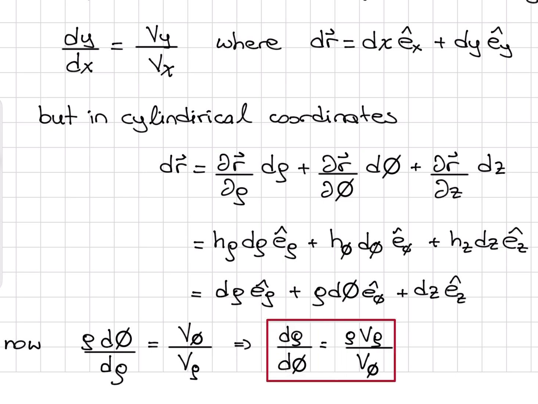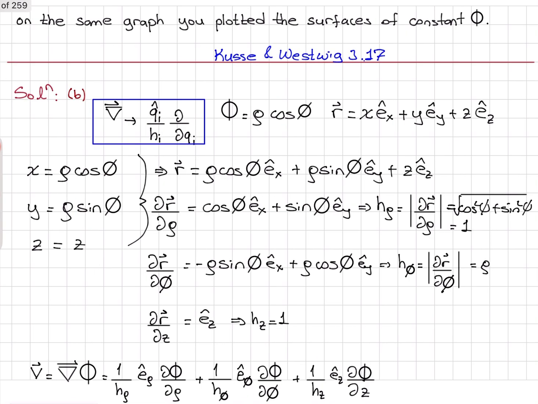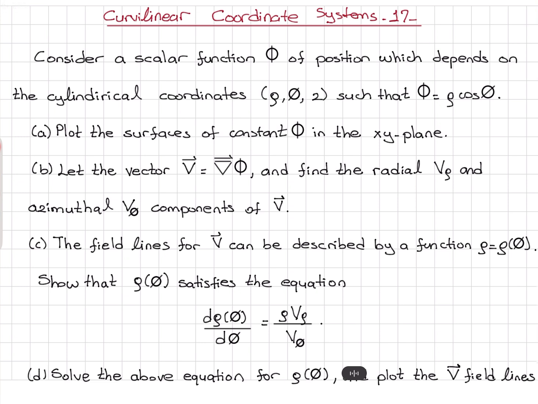So you can see here rho is a function of phi. That was what was suggested in part C. The field lines are described by this function rho of phi, and it satisfies this equation.